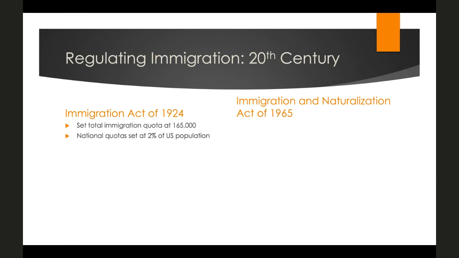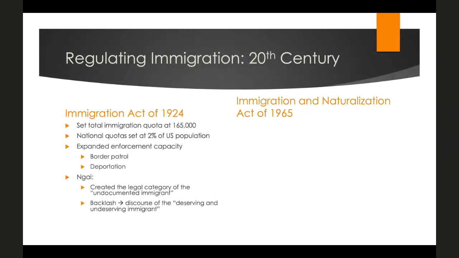and this also was significant because it included expanded enforcement capacity. One of the big ideas here was that it expanded the ability of the Border Patrol to enforce immigration restrictions, and it expanded the authority and speed with which deportations happened. And as Nye notes in the piece, this created the legal category of the undocumented immigrant.